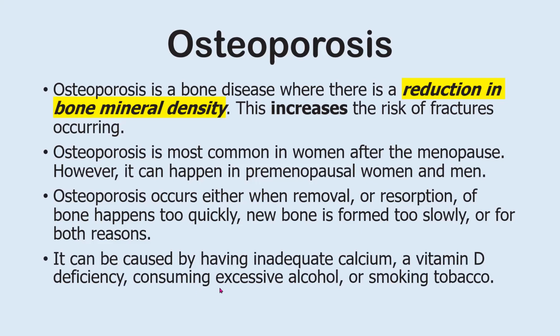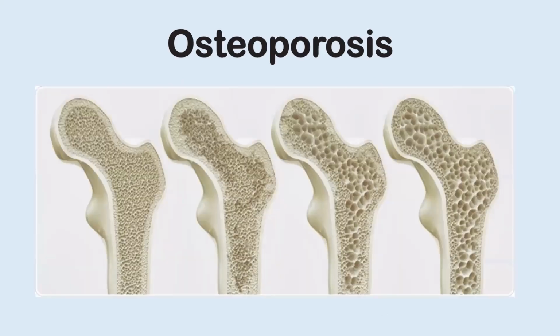And it can be caused by having not enough calcium. You can have a vitamin D deficiency. You can have a problem with excessive alcohol. And they found recently that smoking also affects this. Not good. So here are 4 diagrams.